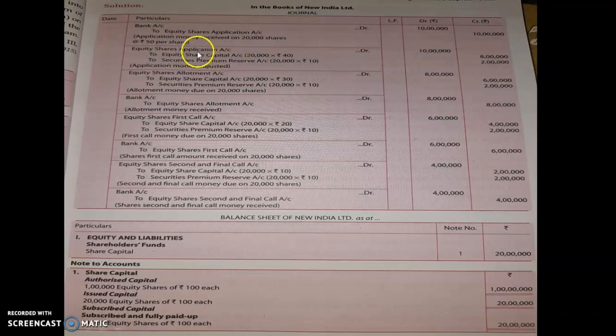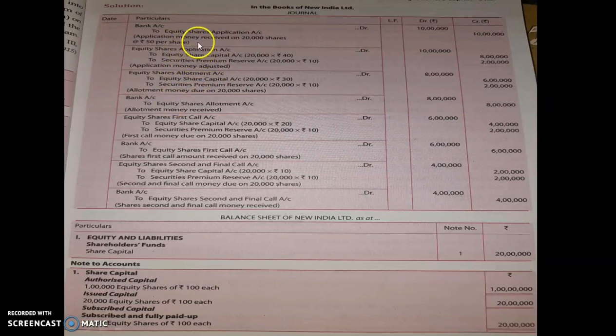That is, you are transferring that application money to share capital, that is 40 rupees, and the 10 rupees which you have received is of premium, that you have to show separately under securities premium reserve account. So 20,000 into 10 gives you 2 lakh, 20,000 into 40 gives you 8 lakh, and this 10 lakh you have received from your equity share application account. So your narration will be application money received.